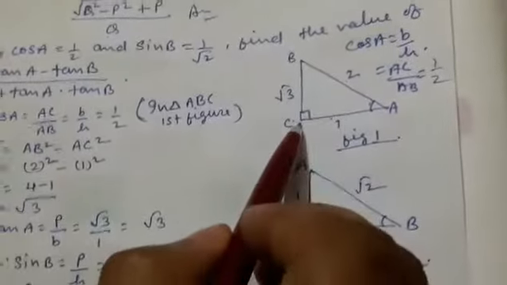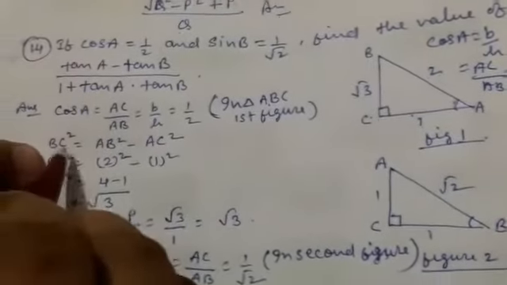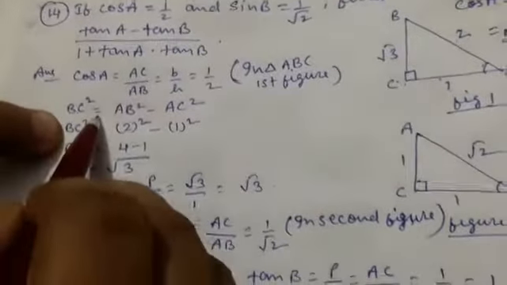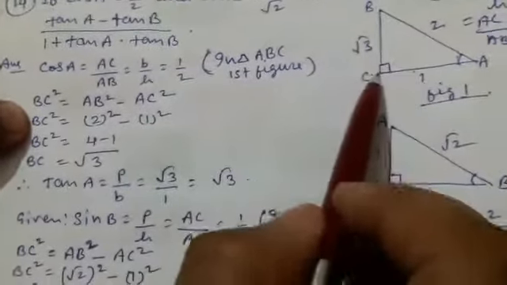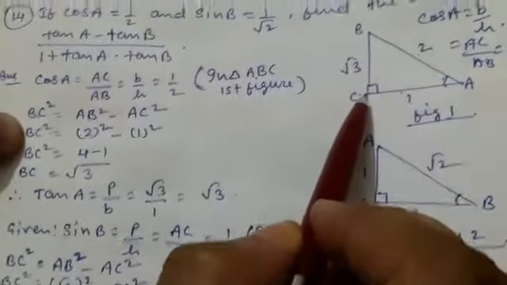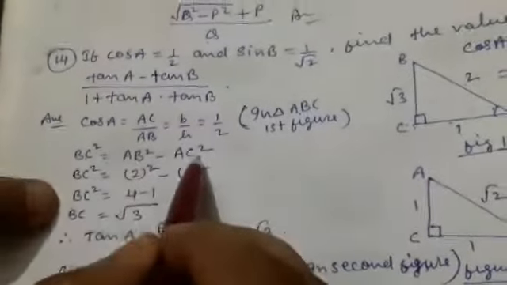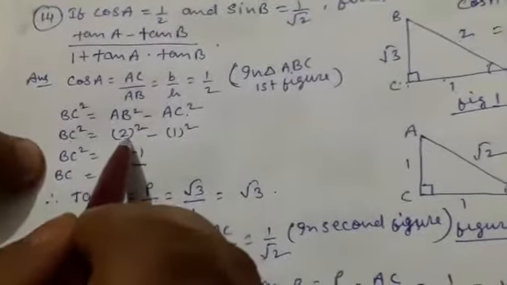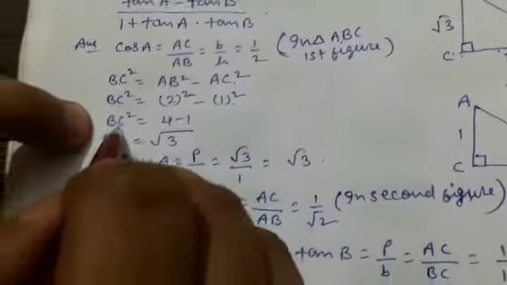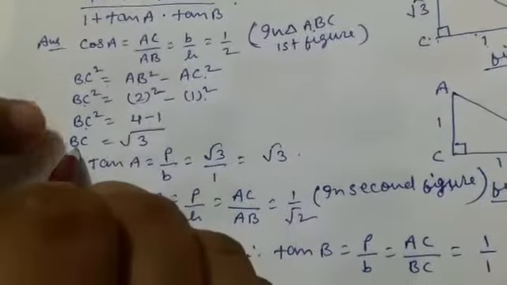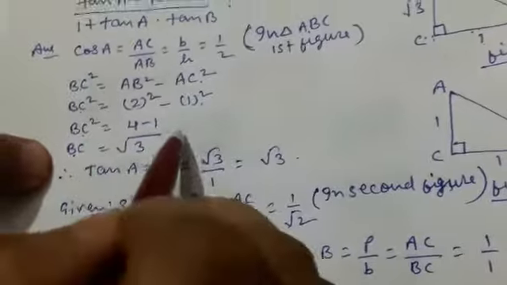Now let us find out the value of BC. By Pythagoras theorem, BC square means perpendicular square is equal to hypotenuse square minus base square, means AB square minus AC square. So BC square is equal to 2 square minus 1 square, so BC square is equal to 4 minus 1. So BC is equal to root over 3.